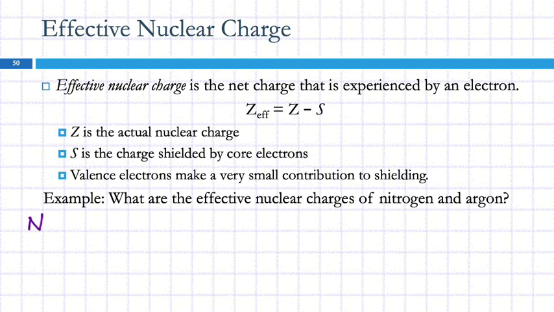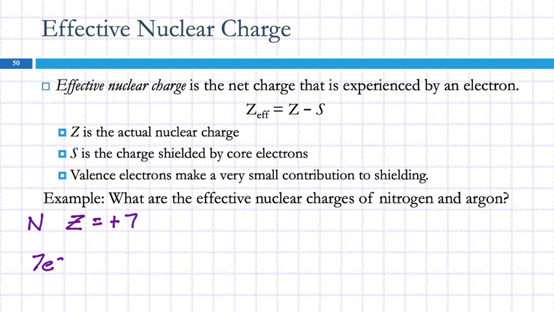So for nitrogen, how many protons does nitrogen have? 7, right? It's element number 7. So the actual charge on the nucleus is +7. And there are 7 electrons in total, right?